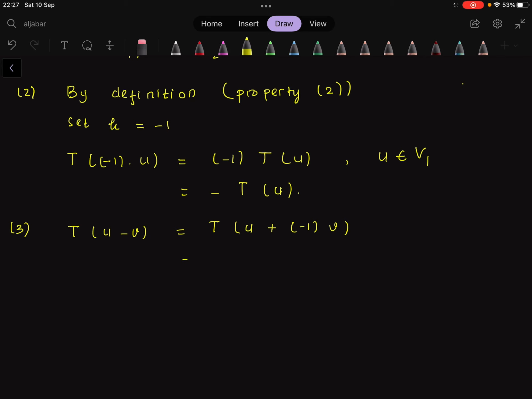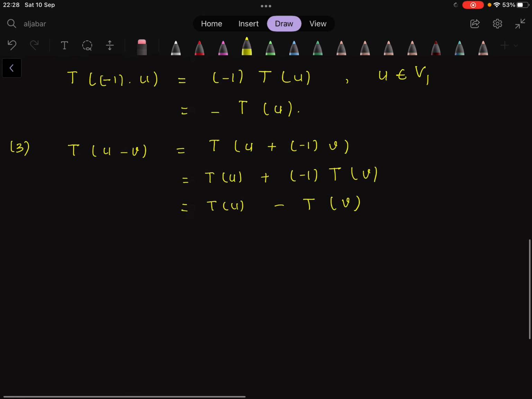And then by definition, we have T(u) plus -1 T(v). And then by the second part of this theorem, we have T(u) minus T(v), and number 3 is proven.